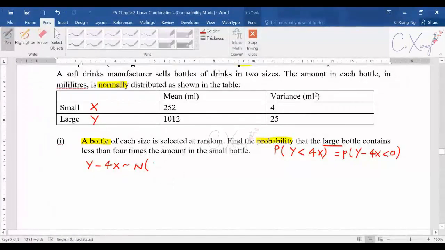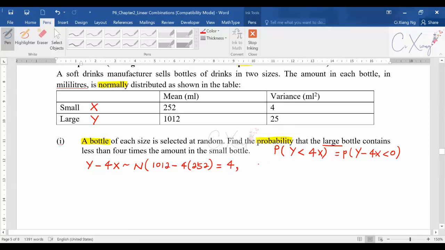How to get the mean? It should be the mean of Y minus 4 times the mean of X. So 1012 minus 4 times 252, and you should get the mean, which is equal to 4. And also the variance.